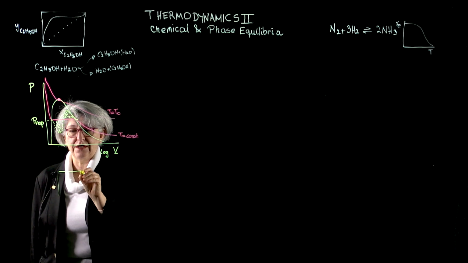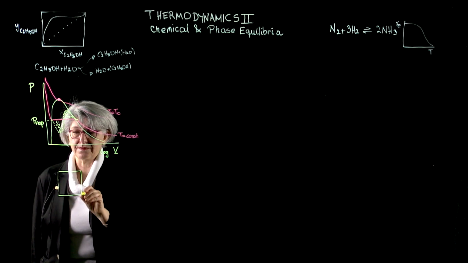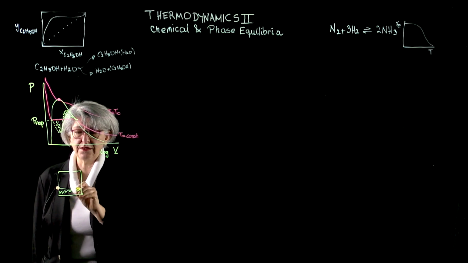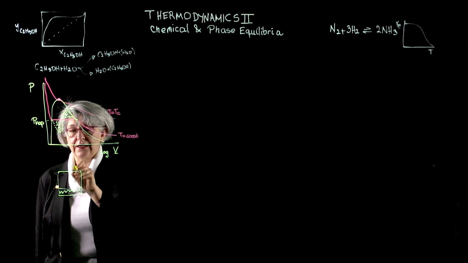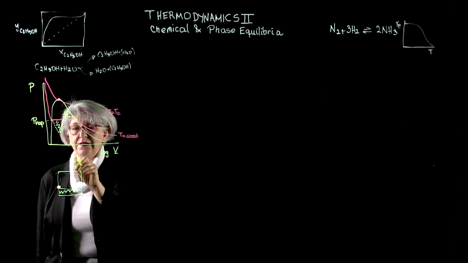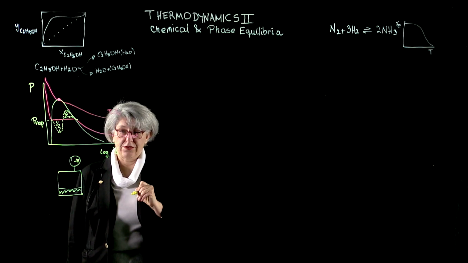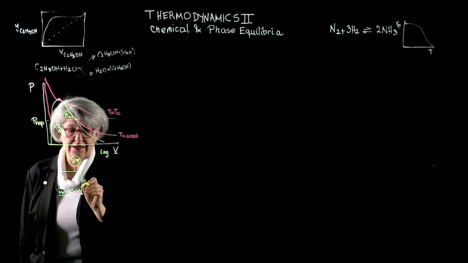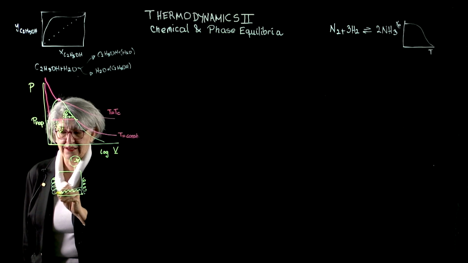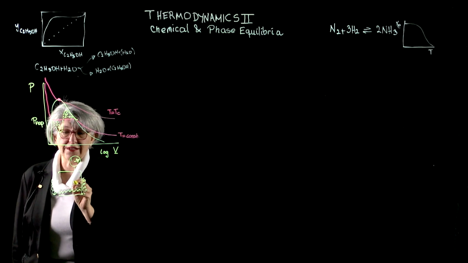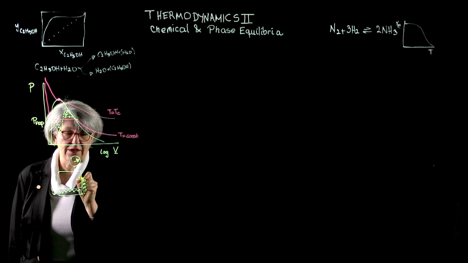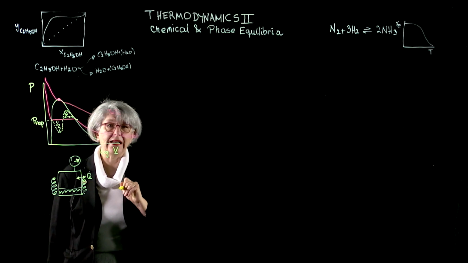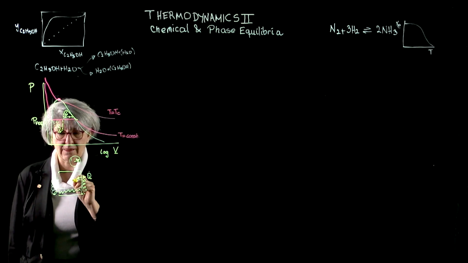In other words, if you have a closed container, we add a certain amount of liquid in this closed container. We have a pressure measurement device that is going to measure the pressure, and also we have facilities that exchange heat so that we can maintain a constant temperature.